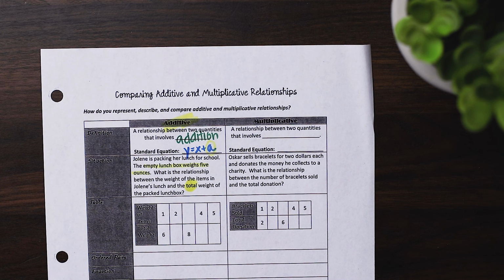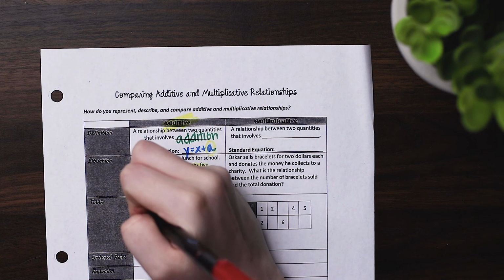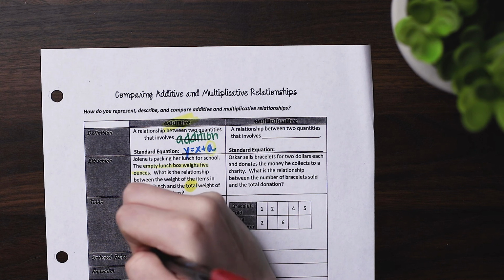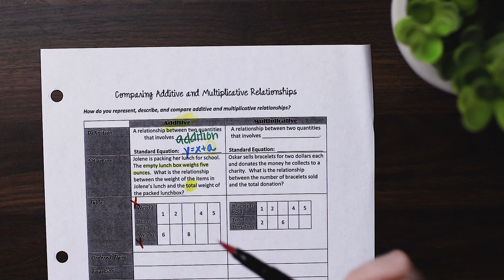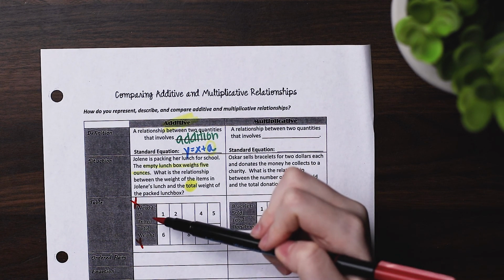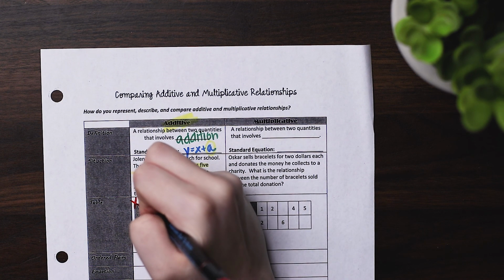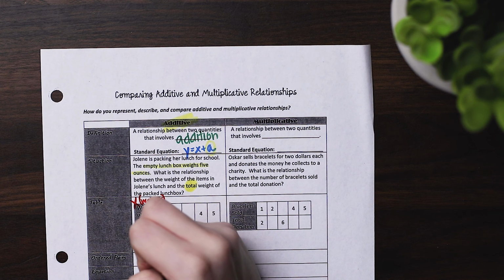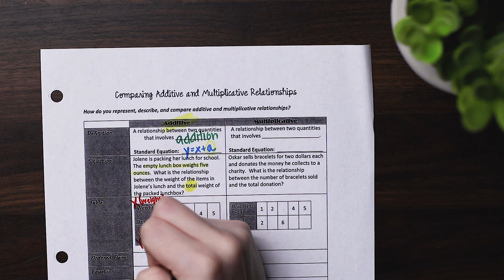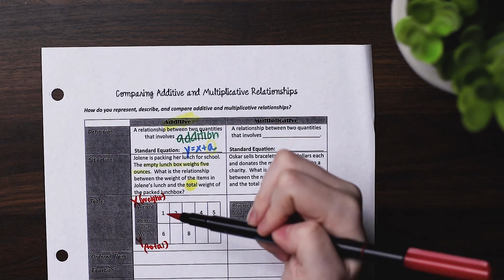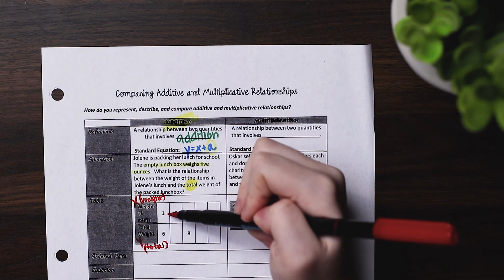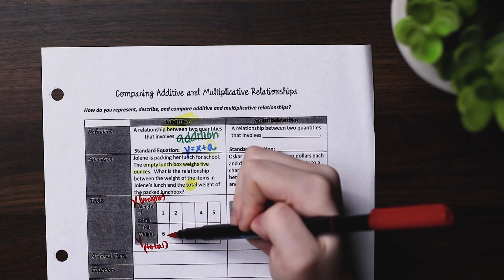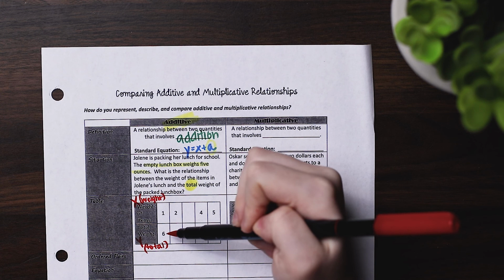So let's look at the situation in a table. My x is always going to be on top, my y is going to be on the bottom, and my x is going to represent the weight of my items. It says weight of my items, and this one says total weight. So if I add in one item, my lunchbox now weighs a total of 6 ounces.